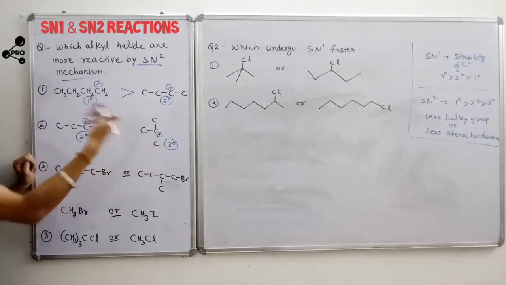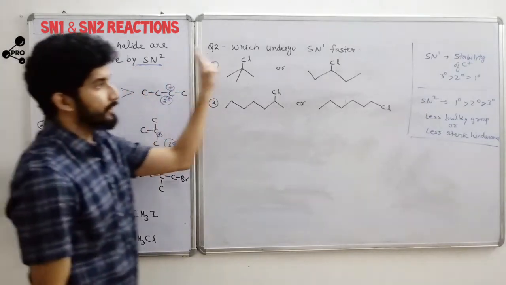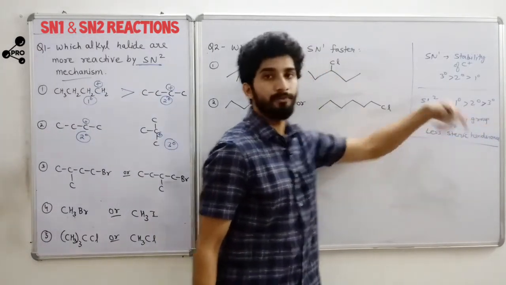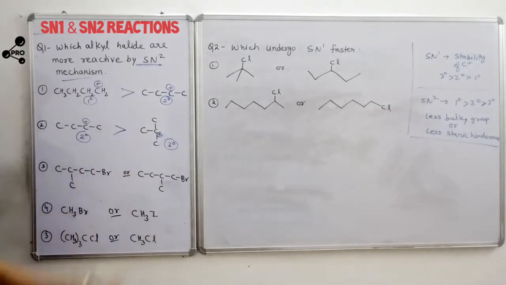Between 2 and 3, 2 degree is more reactive toward SN2, so definitely this is more reactive.